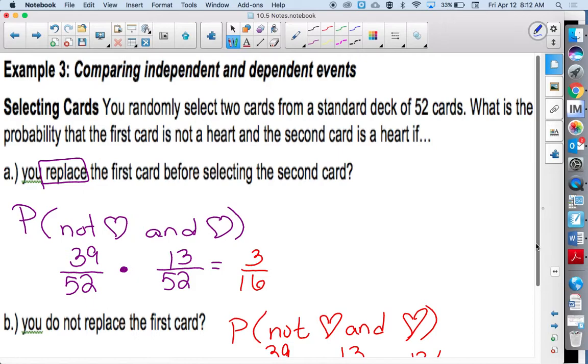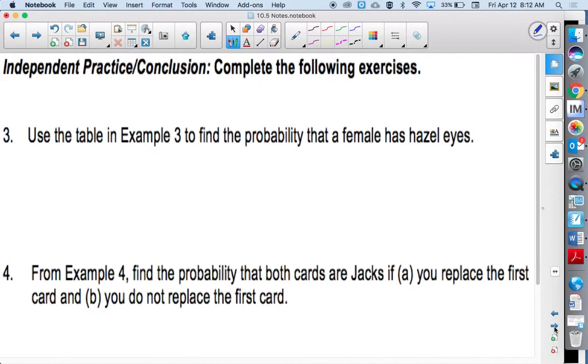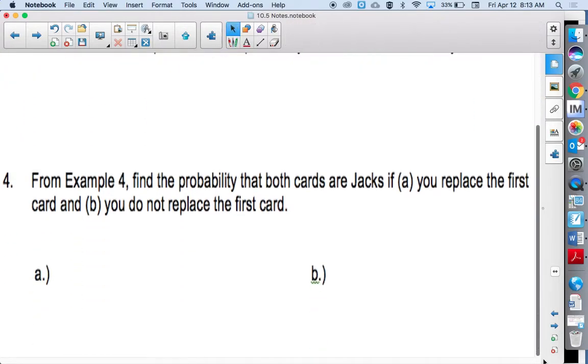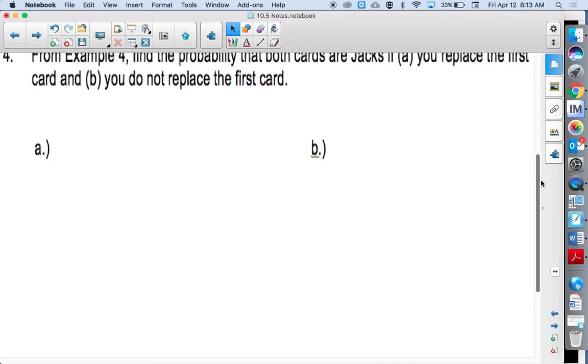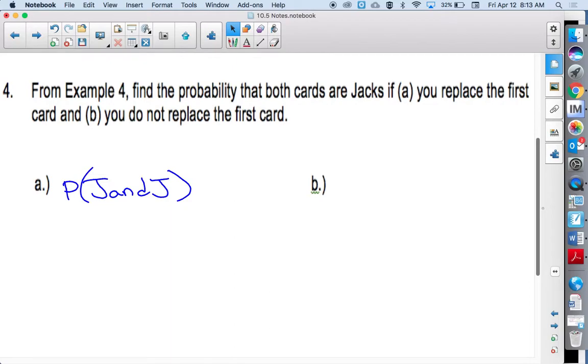What's the probability of now getting 2 jacks? So that really means I'm finding probability of getting a jack and then another jack. The first one says if you replace the card. B is if you do not replace the card.